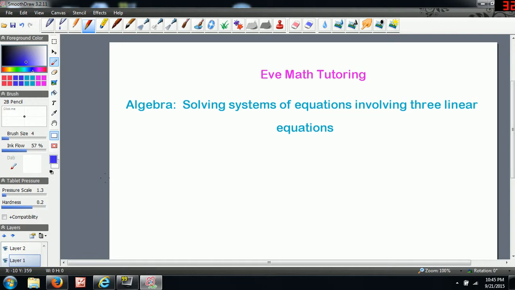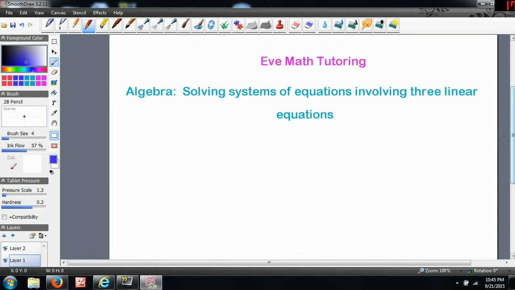Today's lesson is on algebra, solving systems of equations involving three linear equations. So let's start off with an example.